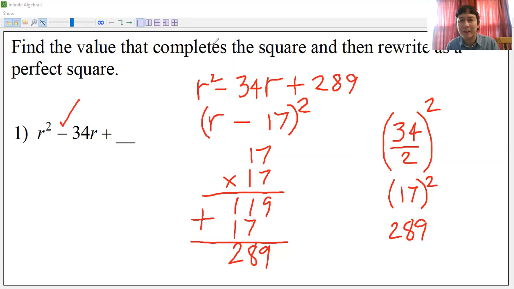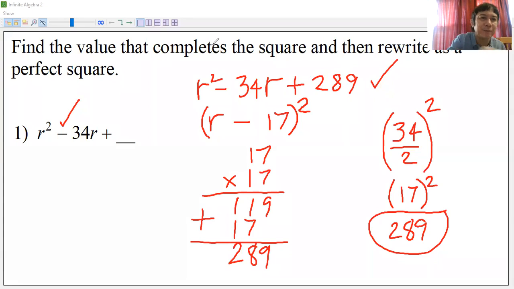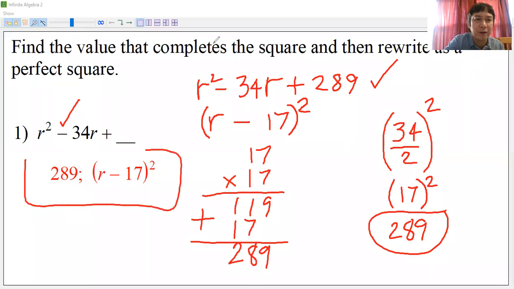Let us see the answer. Our answer is 289, of course. That's the number to be added. And to rewrite it as a perfect square, that is (r minus 17) squared, and that is equivalent to this trinomial. You can see the answer over here, exactly what we did.